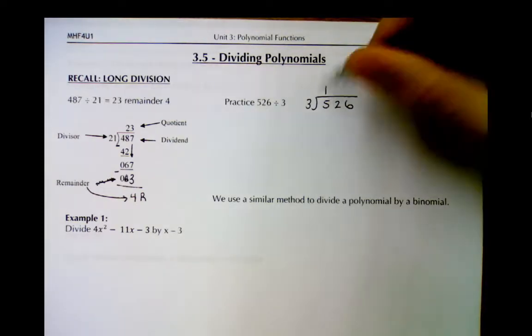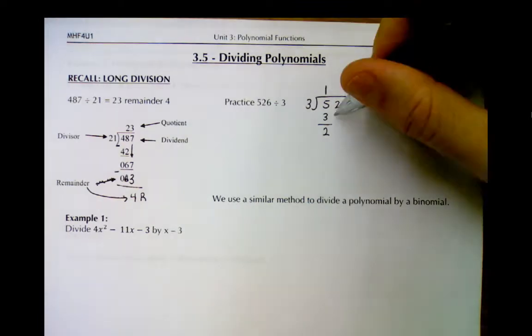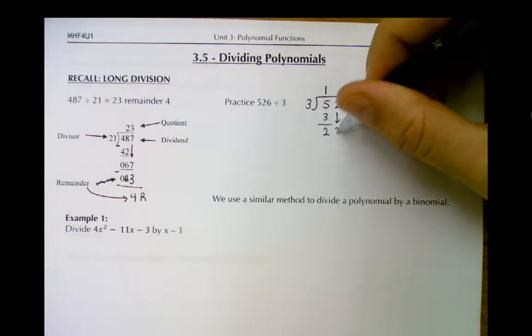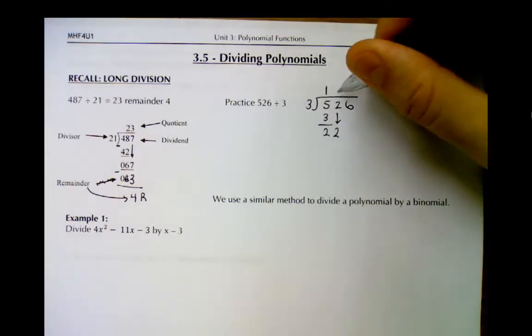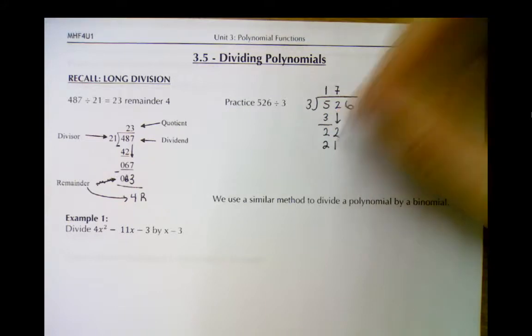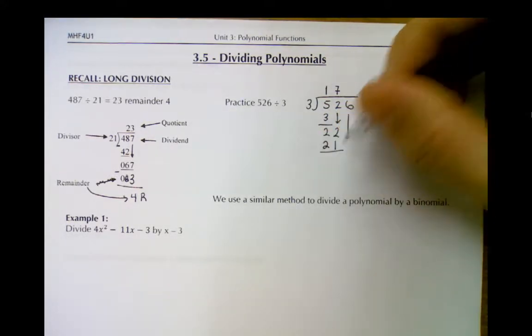The answer is 1. 1 times 3 is 3. Subtract, we get 2. Bring down the next digit, 2. Can we divide 22 by 3? Yes. The answer is 7. 7 times 3 is 21. Subtract first. 1. Bring down the next digit.